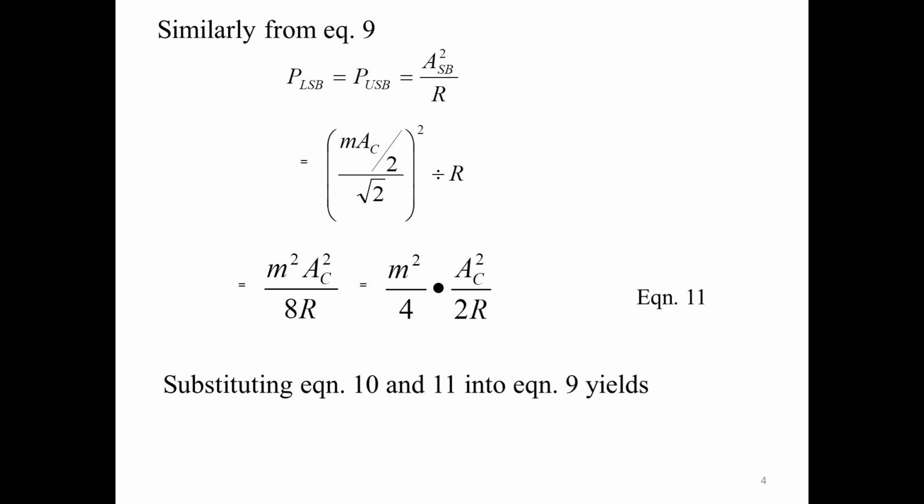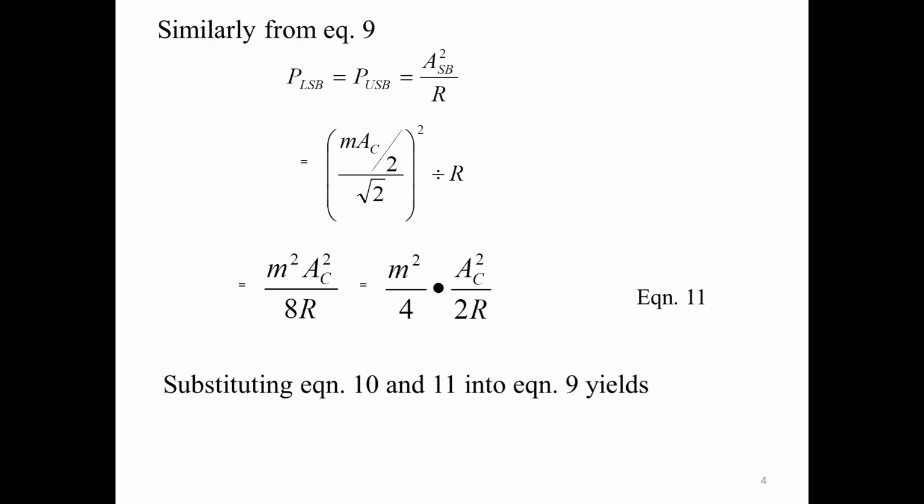Similarly, from equation 9, PLSB is equal to PUSB, which is equal to A squared SB all over R. Expanding further, we give M AC over 2 over root 2 all squared divided by R. Expanding that gives M squared over 4 times AC squared over 2R, equation 11.